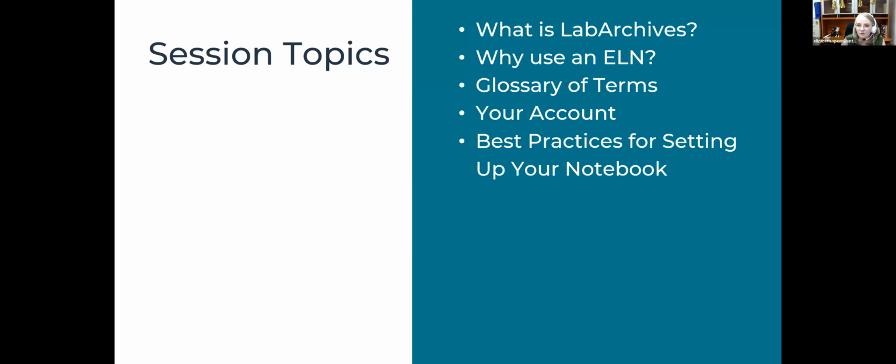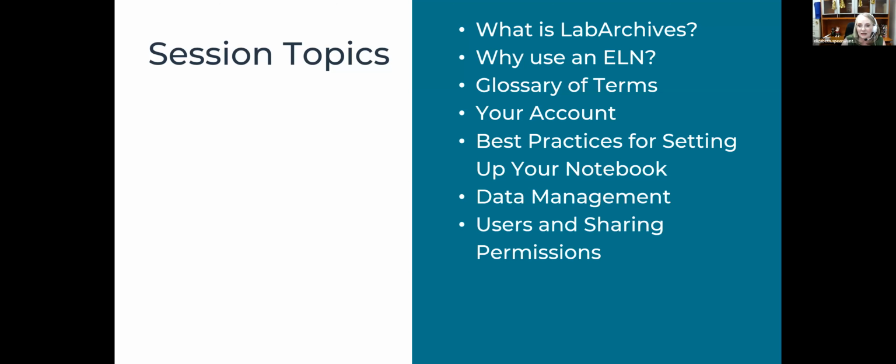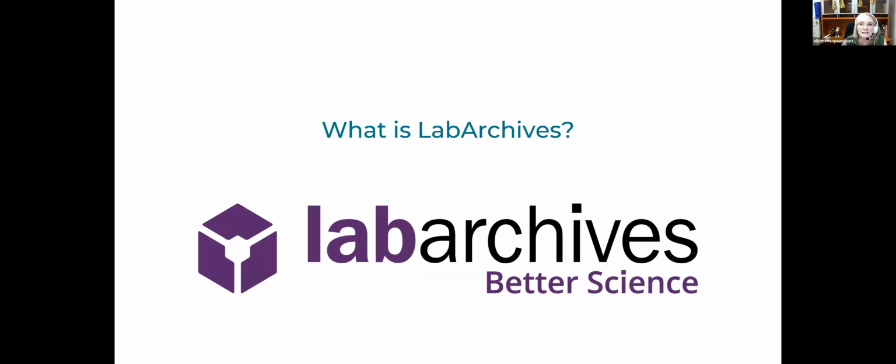Some best practices for setting up your notebook, including some requirements that HSC has decided need to happen in every notebook. A little bit about data management, users and sharing permissions within your Lab Archives account, because there are different levels and things that you can do there. And then DOIs and research sharing, because you can actually request a digital object identifier through Lab Archives for your data sets.